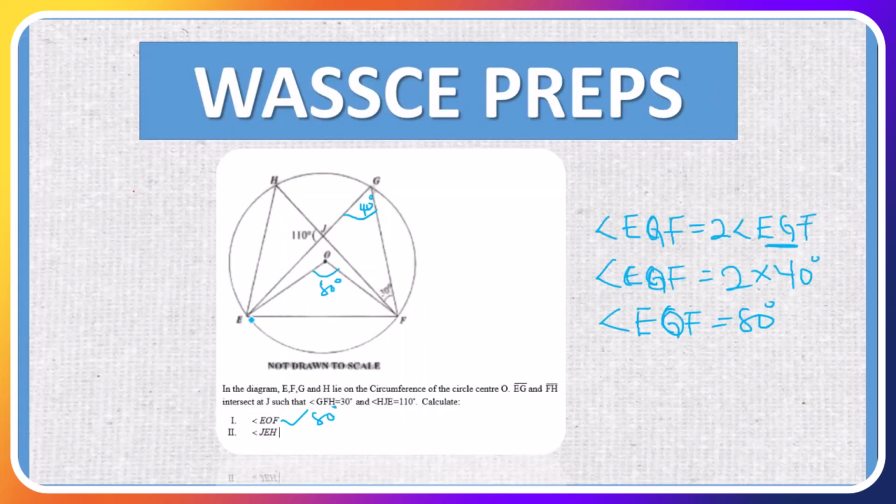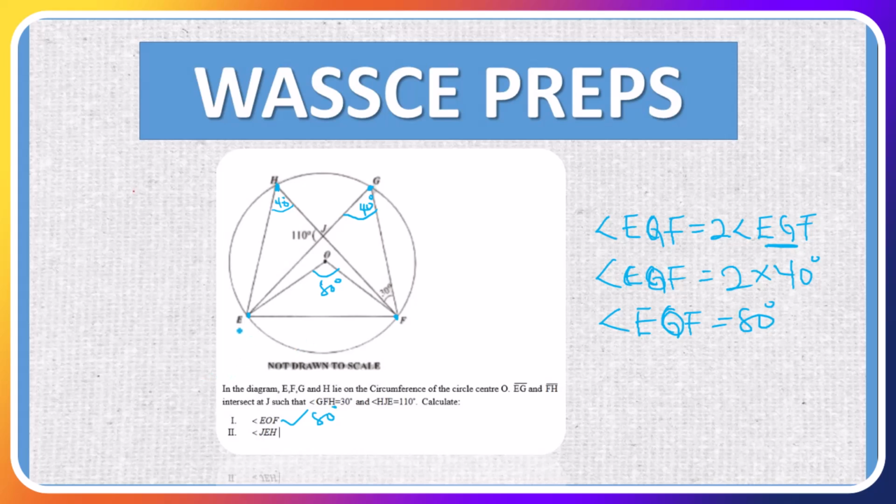From a certain theorem which says the angles at the circumference are the same if they are from the same chord. So from chord EF, it subtends an angle at G. The same chord subtends an angle at H. So the angle here is also 40 degrees.